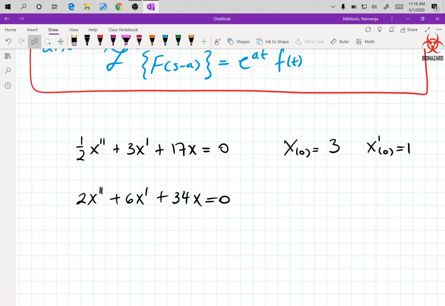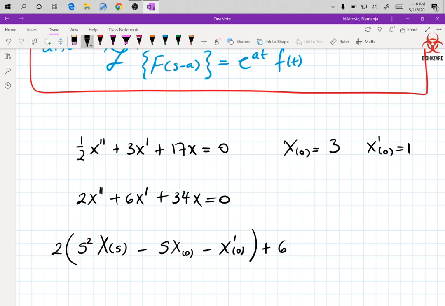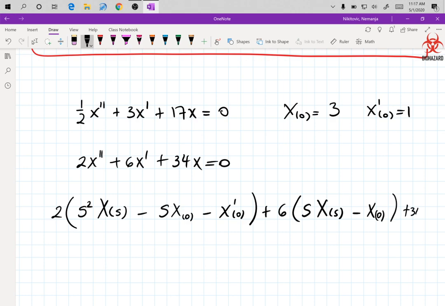So this is going to be 2 times s squared X of s minus s x of 0 minus x prime of 0, plus 6 times s X of s minus x of 0, and then plus 34 X of s equal to 0.